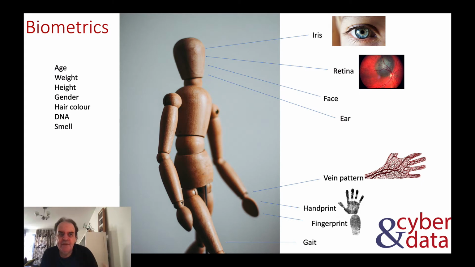So here are some of the things that we might look at. So these are features of a human: their age, their weight, height, gender, hair colour, the DNA, their smell, and so on. But it can be quite difficult to detect these and to identify them as part of our biometric systems.